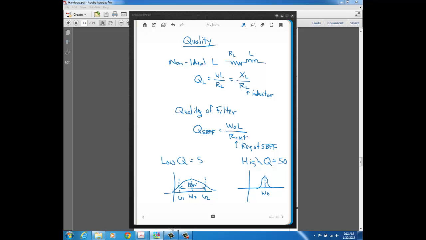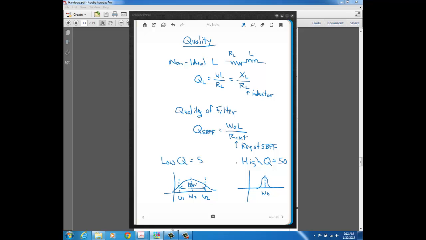So, your bandwidth between omega 1 and omega 2 is going to be a small range of frequencies. So that's really the advantage of knowing the relationship between bandwidth and quality of a filter, is just that by hearing a number, a mental image should be able to pop up into your head of these frequency responses.